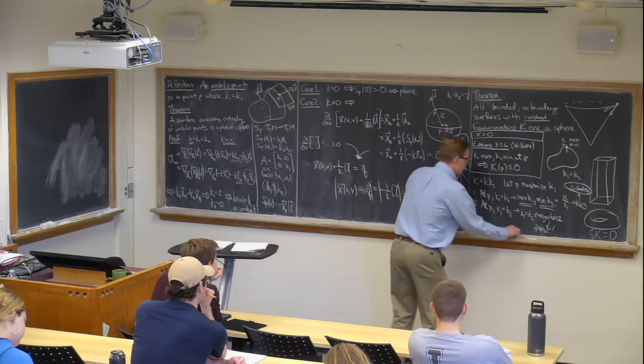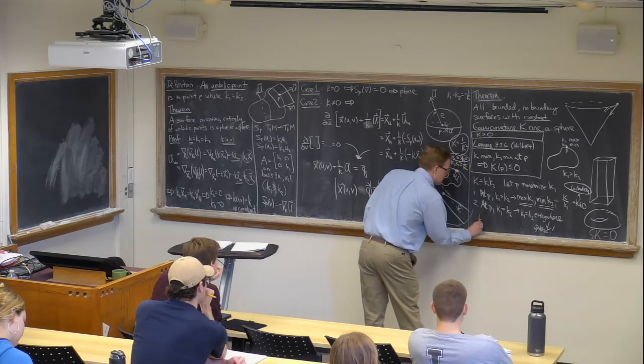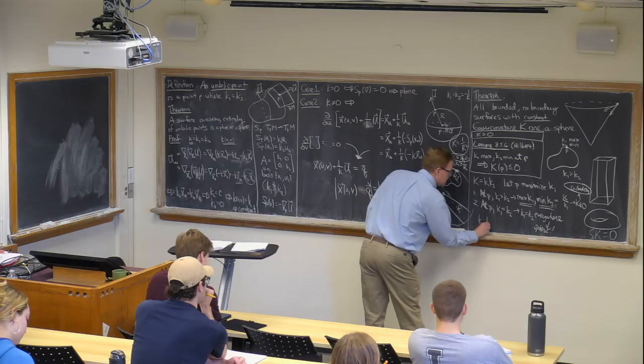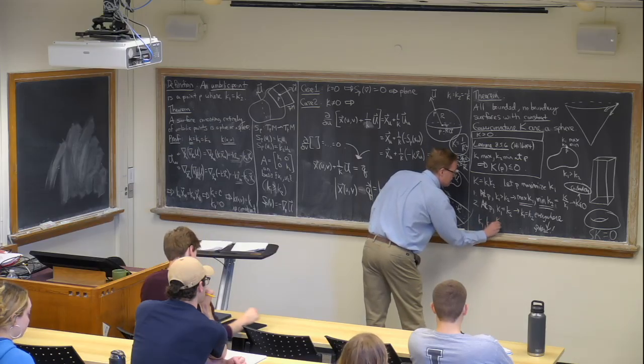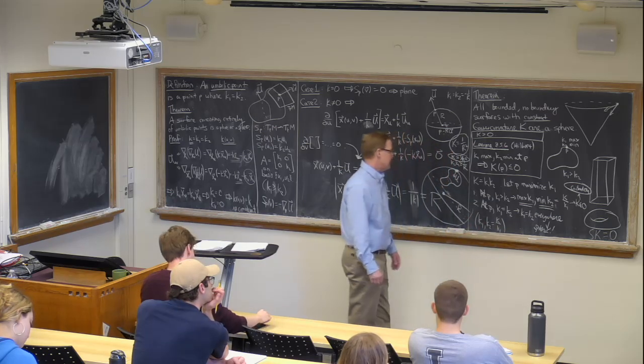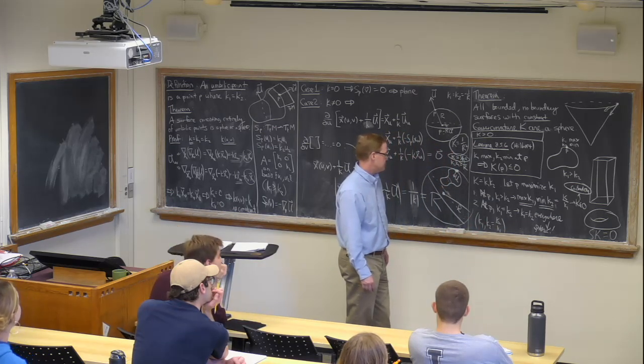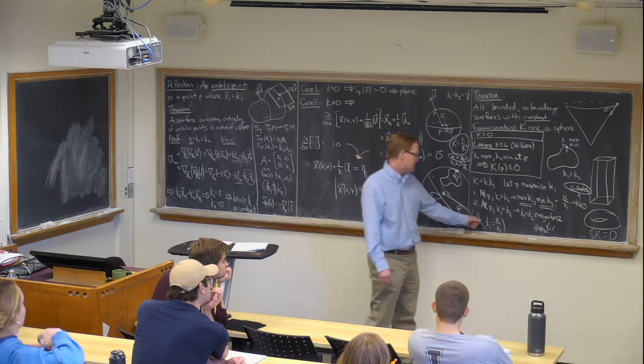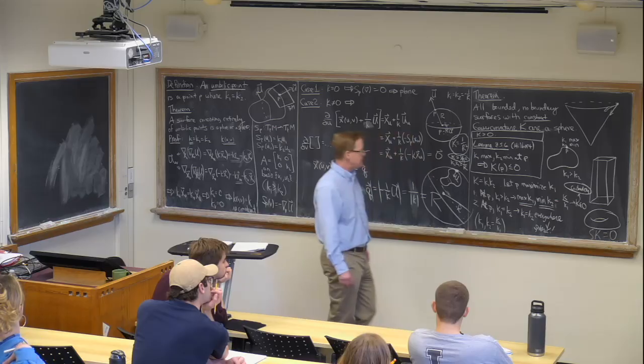To be more precise about that last step, you have K1, and then what is K2? K2 is equal to capital K divided by K1, right? So when you're maximizing K1, it's the same thing as minimizing K2.